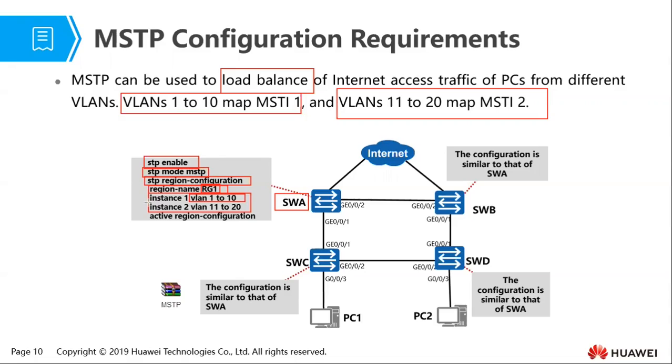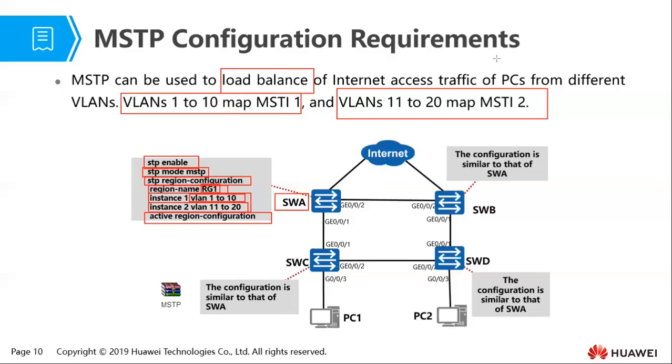Similarly here we are simply creating MSTI 2 and mapping VLAN 11 to 20 to MSTI 2. Then we end with activating that particular region using the command active region-configuration. Generally, it is the same configuration that you're going to make in all the other switches.